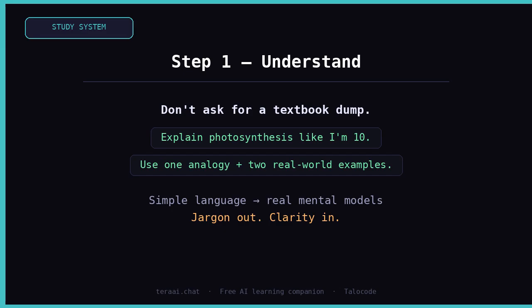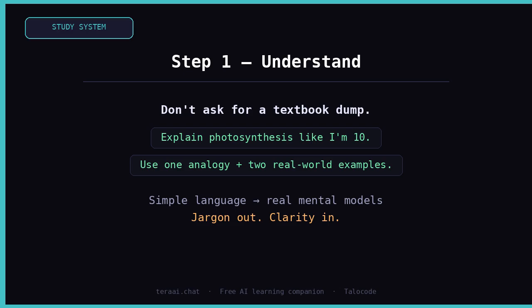Answer them first, then say, "I missed questions 2 and 4. Explain those with a memory trick." This is called the testing effect. It's science-backed. When you struggle to retrieve information, your brain strengthens those neural pathways. You remember it longer. Active recall beats passive highlighting every single time.